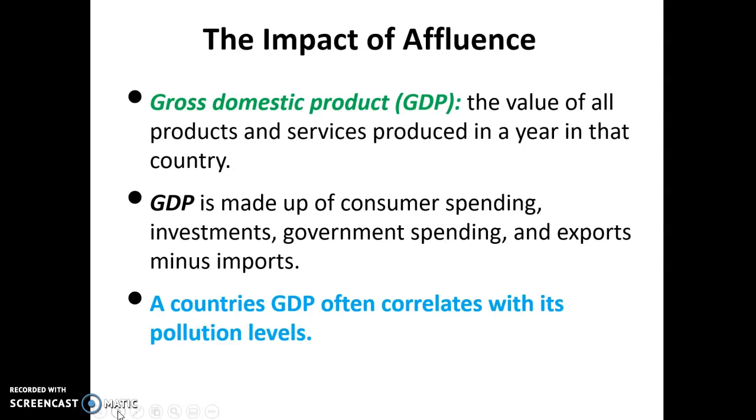That's consumer spending, investments, government spending, and exports minus imports. Generally speaking, the higher the gross domestic product, it could be that pollution levels are higher, but that's not necessarily the case, because sometimes when a country has more money, they can afford to limit the pollution levels.